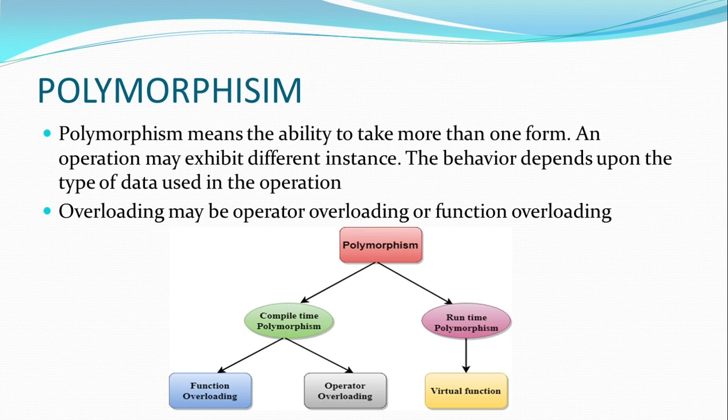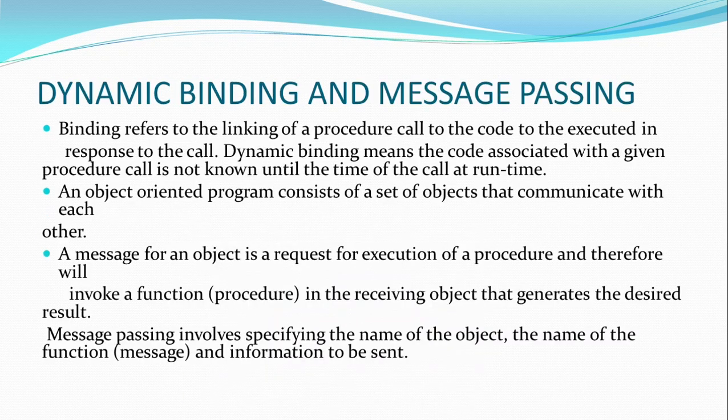If we give length and breadth, it gives a rectangle. If we give four equal sides, such as 10, it draws a square. If we give five side lengths, it gives a polygon. This is function overloading. So polymorphism means we can take more than one form.